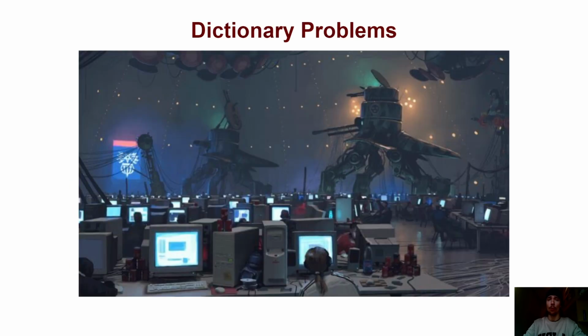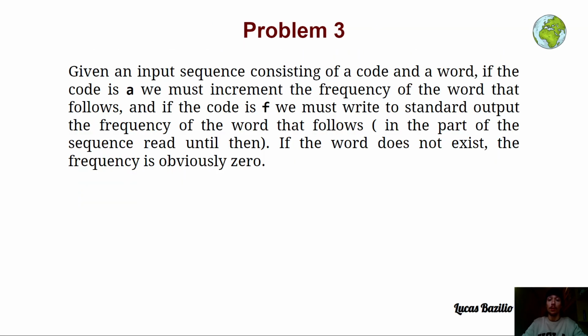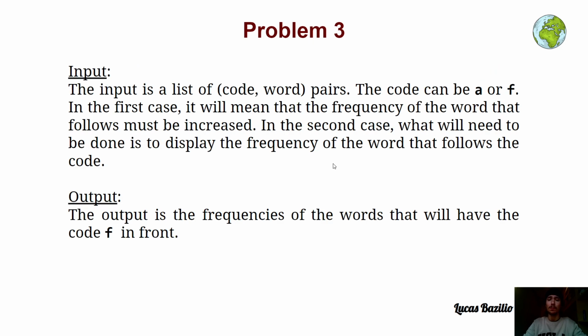So what is the idea behind this problem? Well, we are in the section on dictionaries, so we need to implement this problem using a dictionary. This problem is not complex, since we have a list of pairs. Normally when we have a list of pairs and we're working with dictionaries, we have an identifier, which is going to be the key of the dictionary, and then we have the value.